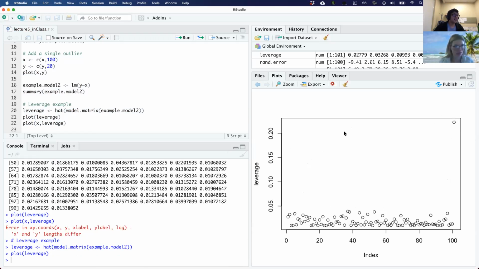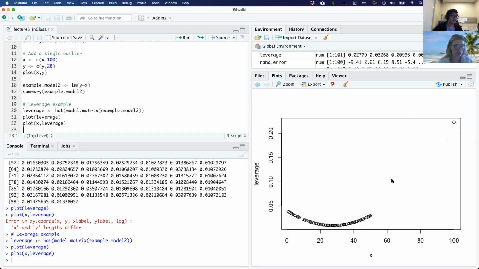So you can see that the point that we appended on at the very last one corresponds to a point that has a lot of leverage. And you can see that being reflected in this plot here. So this isn't in any particular order. And I can plot it against my x's, and it'll be fairly similar.